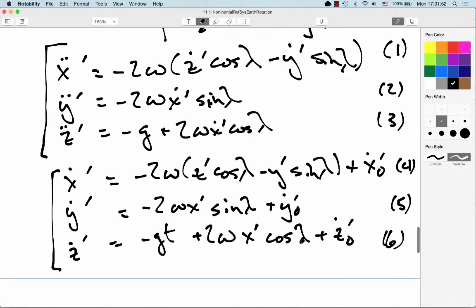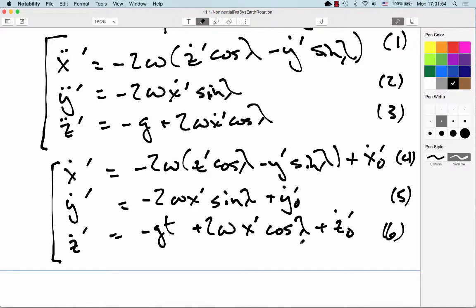Now, this will allow us to at least approximately separate equations 1 through 3, which is what we're trying to solve. The trick is you can take equations 5 and 6 and plug them into equation 1.